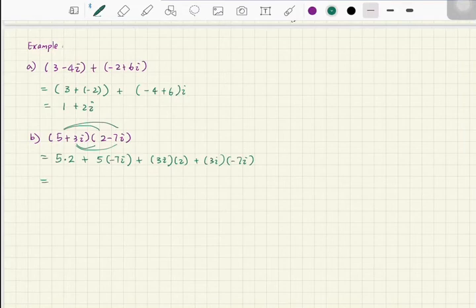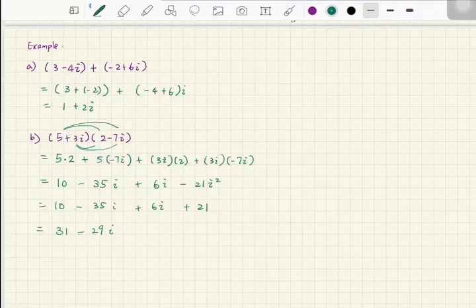Combining them together, I got 10 minus 35i plus 6i minus 21i squared, where i squared is negative 1. So I'm adding 21. Now combining like terms, 10 and 21, I got 31. Negative 35 and 6, I got negative 29. So the answer is 31 minus 29i.